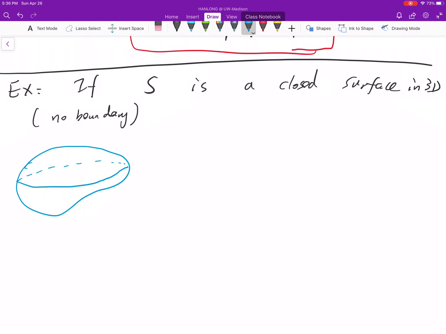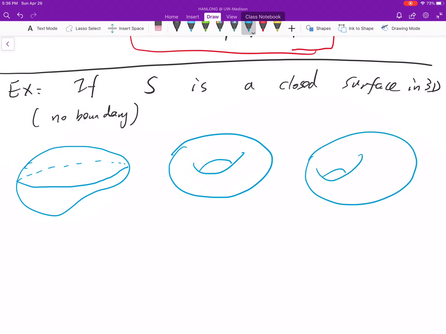You just squeeze it, and then you have this type. Or you might have a donut, or a donut with 2 holes. You just eat one.